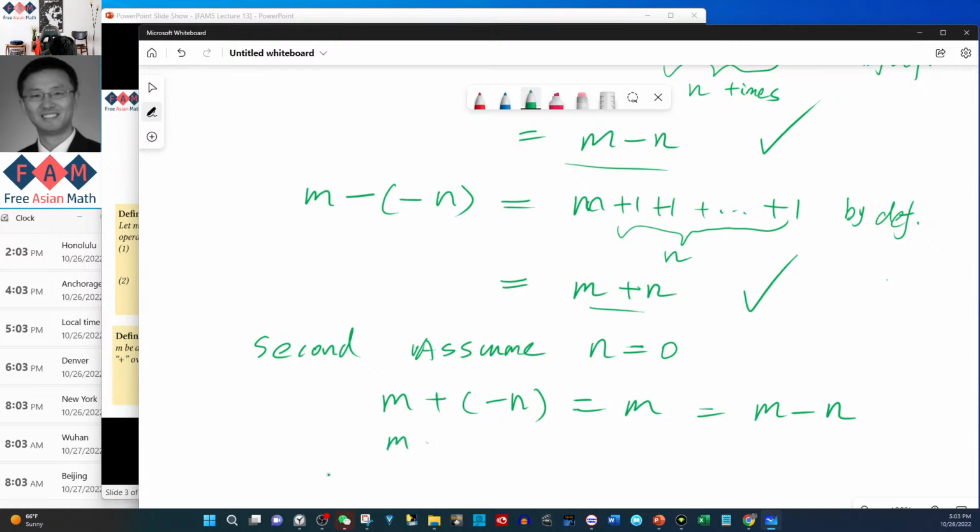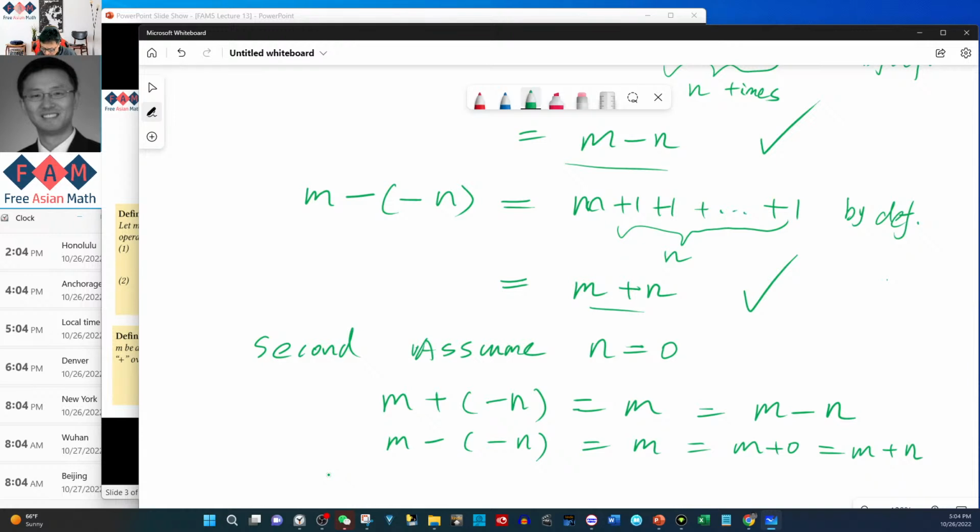Similarly, m subtracting the negation of 0, that's once again just m minus 0, so it's m and equals to m plus 0 and equals to m plus n, because n is 0. So just a lot of arithmetic, but nothing at all, because we are just dealing with 0. You're subtracting or just adding a 0, negation of 0 is 0.